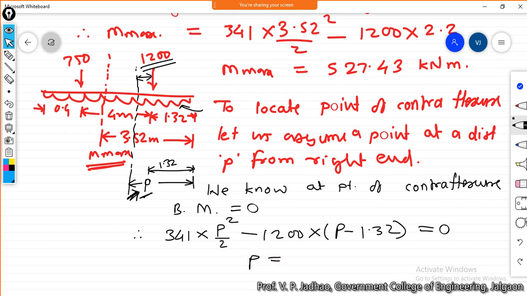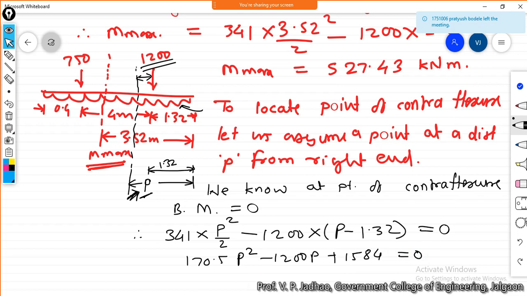Solve this equation, we'll get the value p. I'll solve up to one step. Divide 341 by 2, it will be 170.5 p square minus 1200 p plus 1584, equal to 0. Solve this equation, we'll get two values of p.